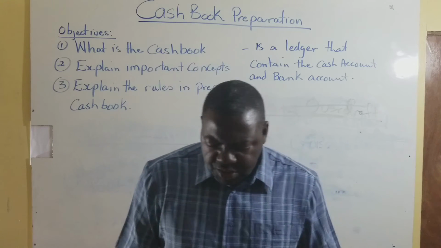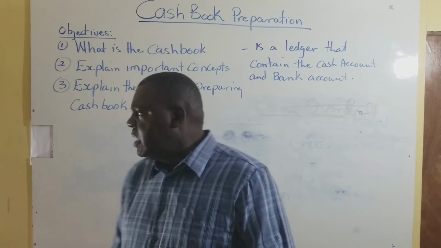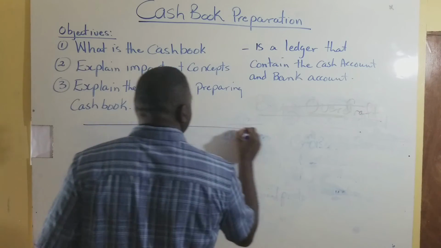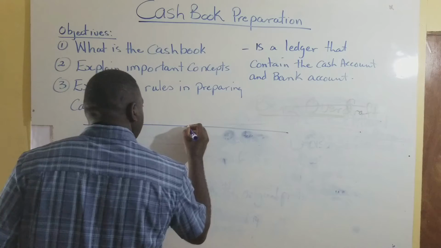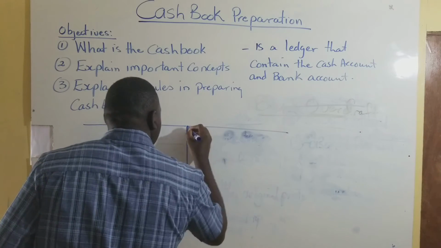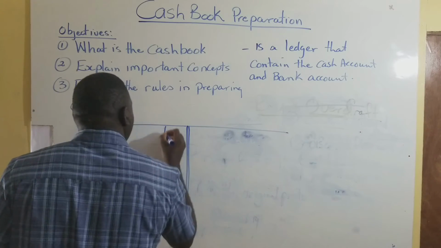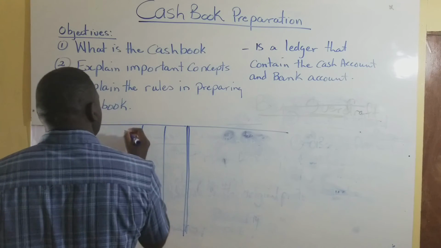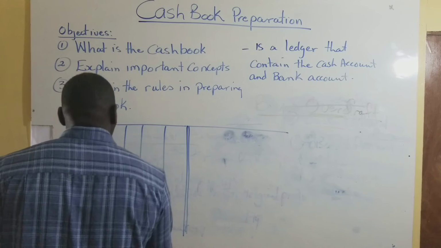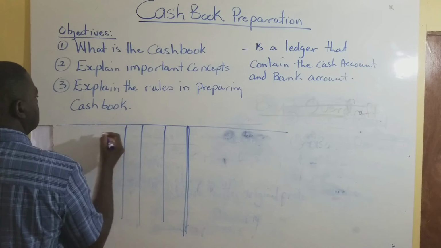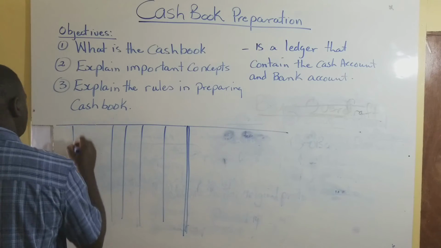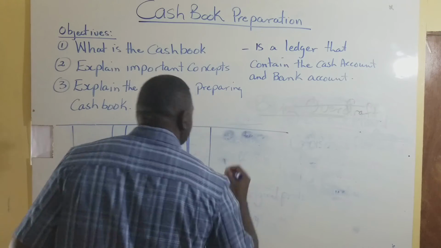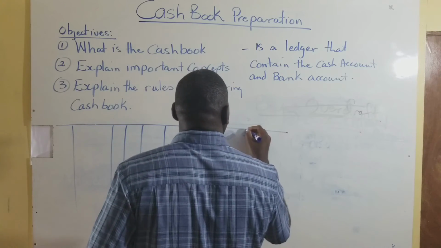There's something I want you to know, is that in the cash book, and I'm going to do a little sketch here, there are a number of columns, yes? And this is referred to as the horizontal format.